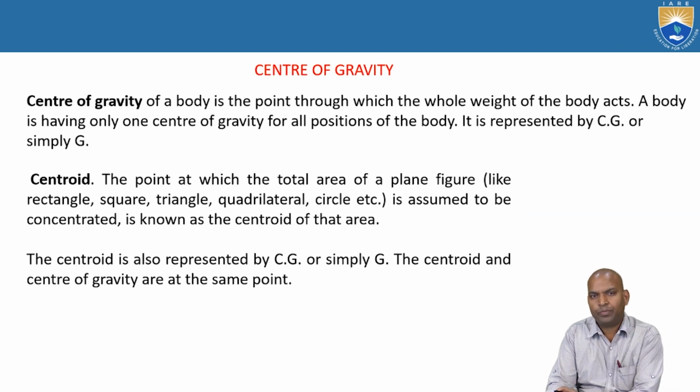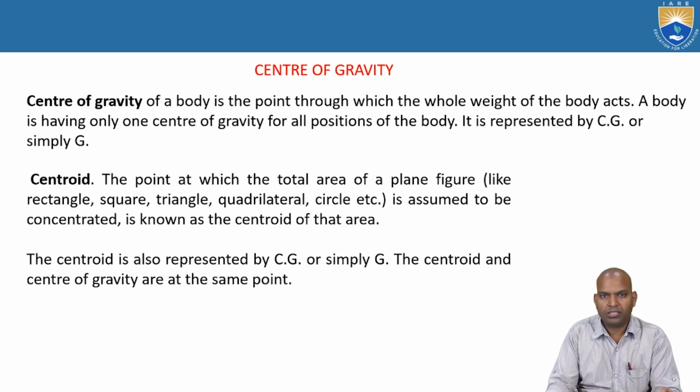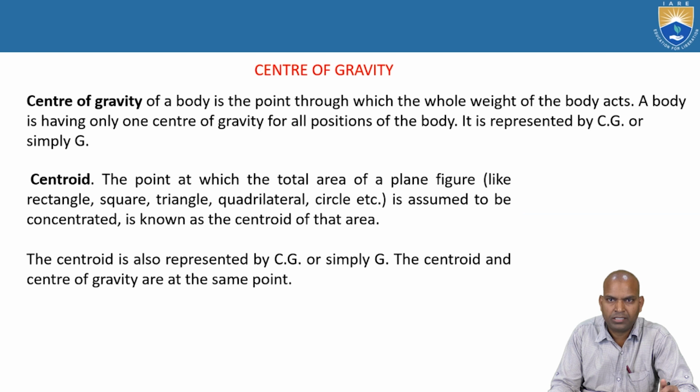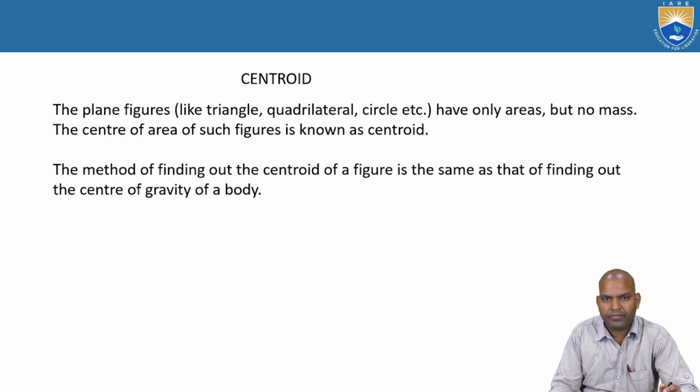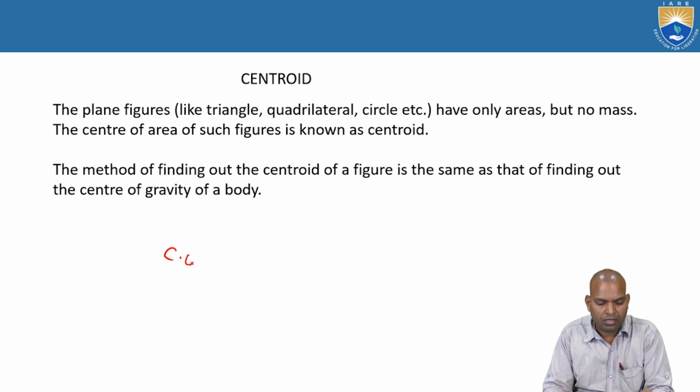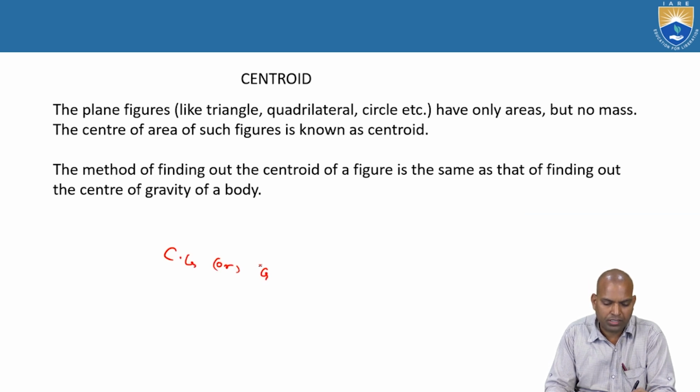The point through which the total area of the plane figure is passing is known as the centroid. The center of mass is the point at which the total mass of the body is assumed to be concentrated. The centroid, center of gravity, and center of mass are denoted by the letters either CG or simply G.